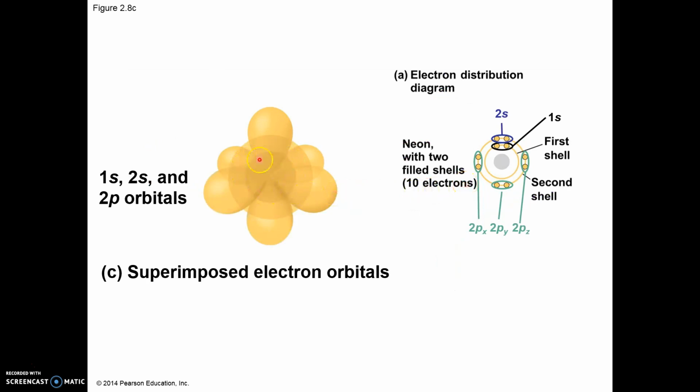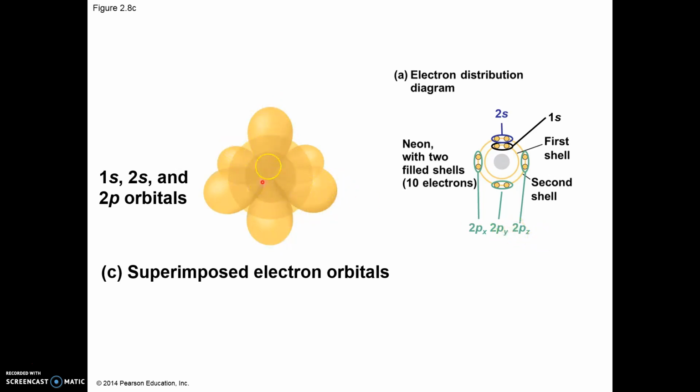You can see in here we have the 1s on the inside. Surrounding it is the 2s, and then fluttering in and out, but mostly spending its time out here or out here, is the first p orbital. And then we have the second p orbital in here, and the third p orbital.